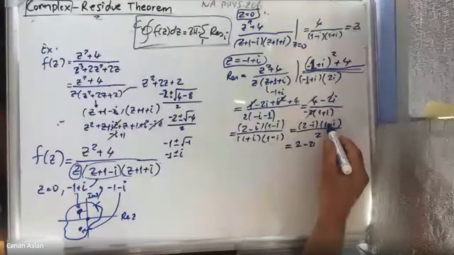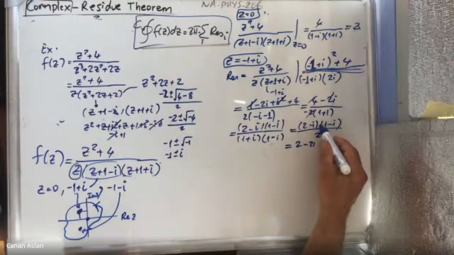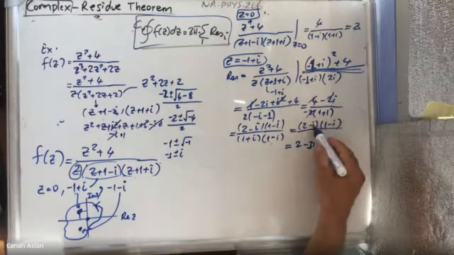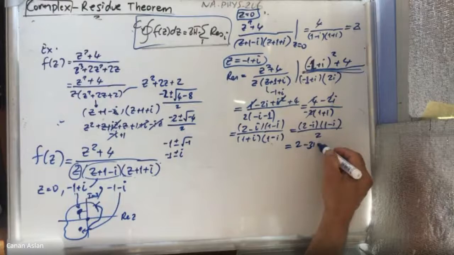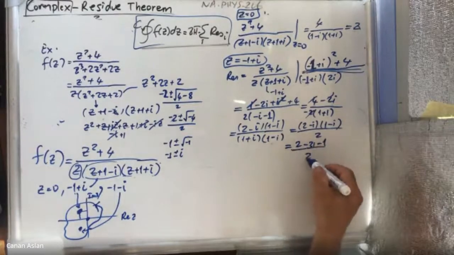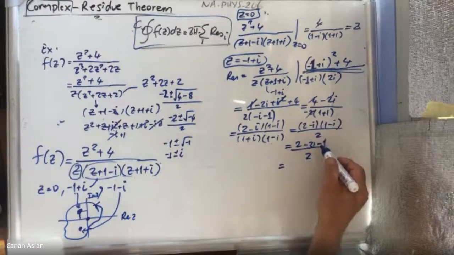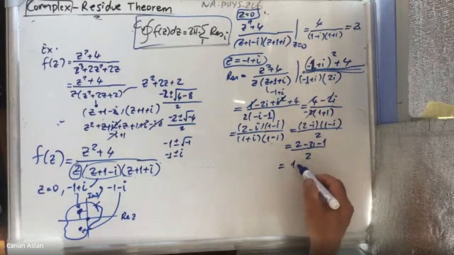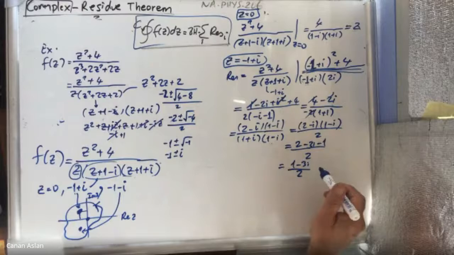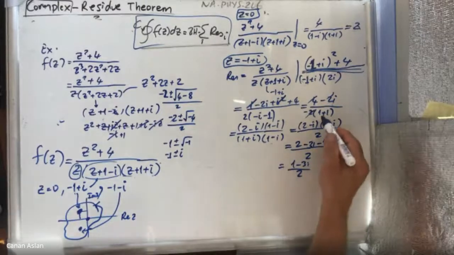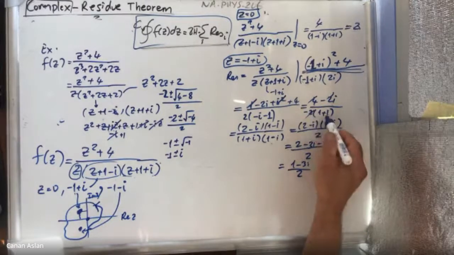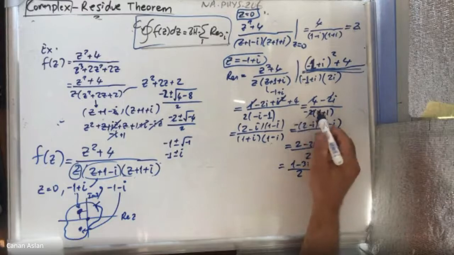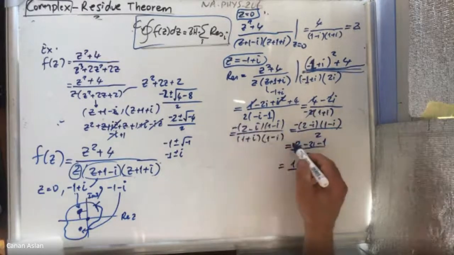This is another minus i, minus 3i, and minus i times minus i is -1, divided by 2. So 2 minus 1 is 1. So we get (1 minus 3i) over 2, okay, with a minus sign. Let's check. Yeah, we forgot the minus sign there.